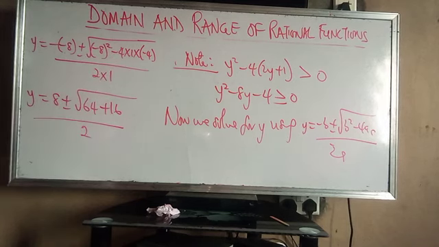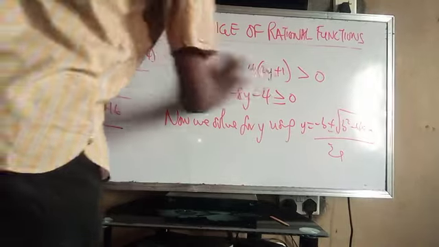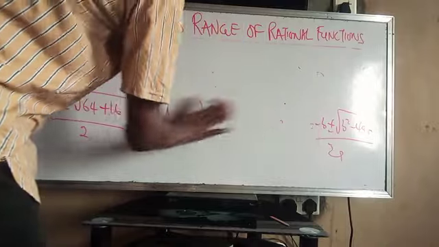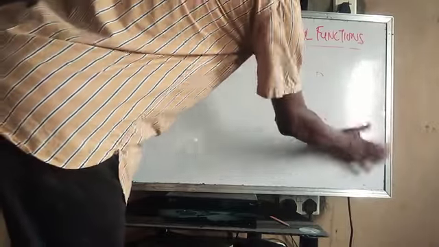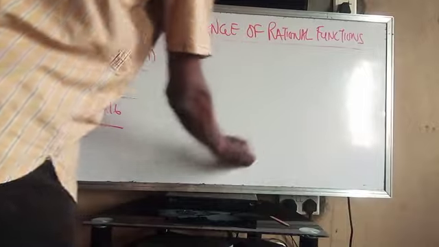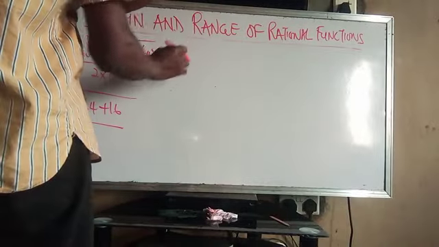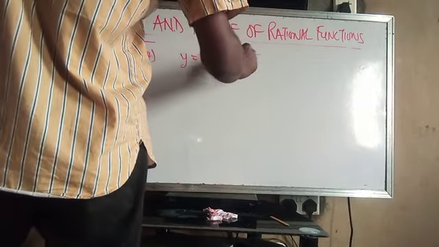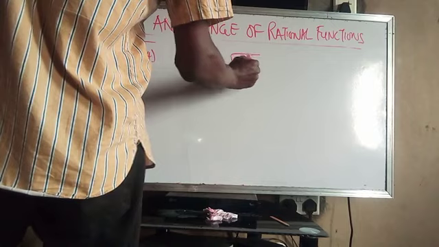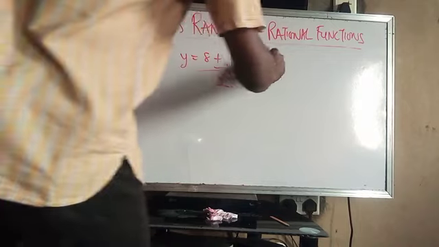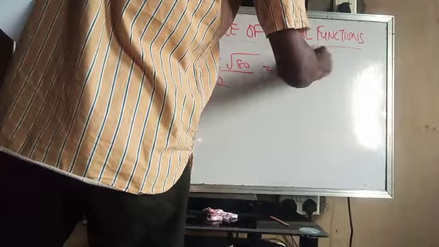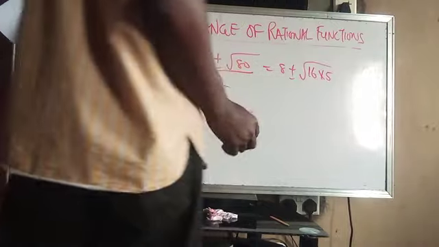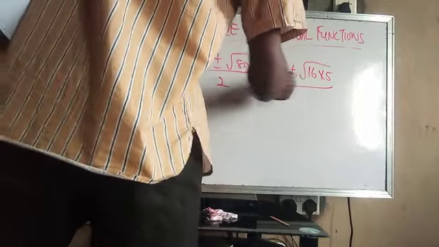So we now have y equals 8 plus or minus the square root of 80 all over 2, which is 8 plus or minus the square root of 16 times 5, since that is 80, all over 2.